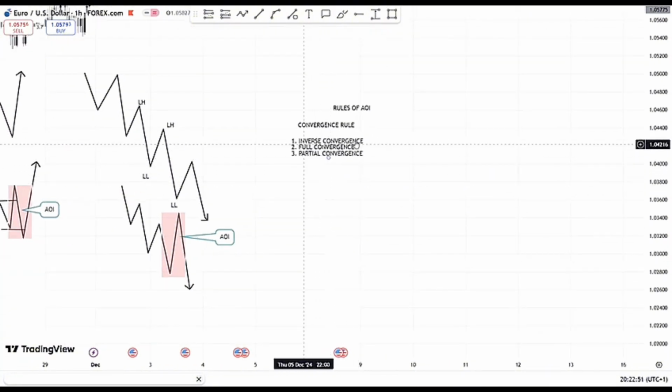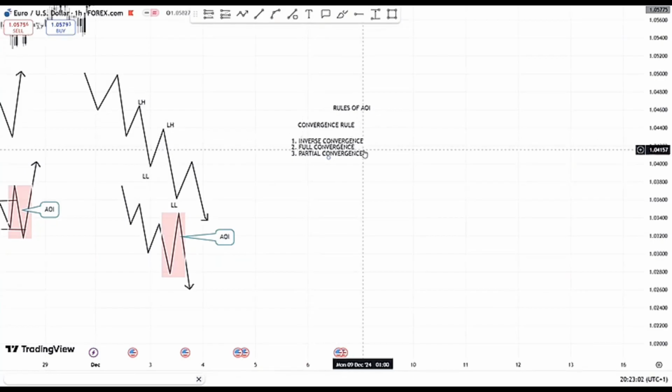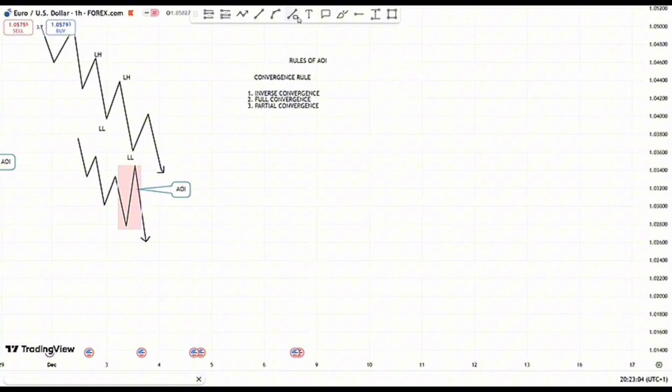We have the inverse convergence, we have the full convergence, and we have the partial convergence. We're going to discuss each of these convergence rules one after the other. So let's start with the first one, which is the inverse convergence rule.